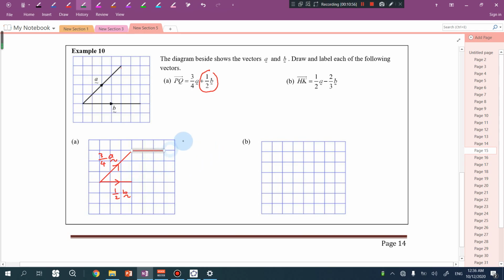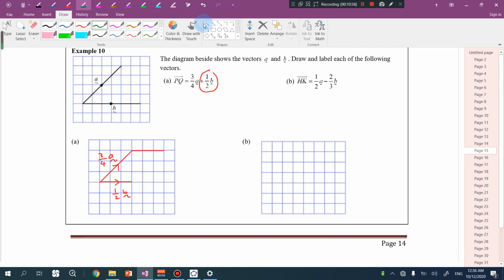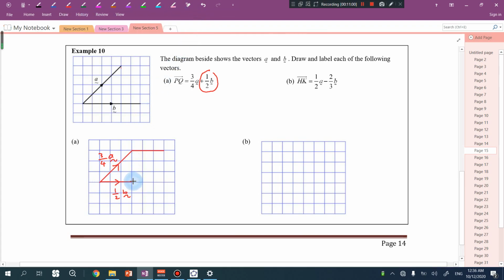Okay, then I transfer this line to here. So this is 1, 2, 3, 1, 2, 3. Do the same thing, 1, 2, 3, 1, 2, 3. So I draw this way. Okay, so this is 1 over 2b, and this is 3 over 4a.